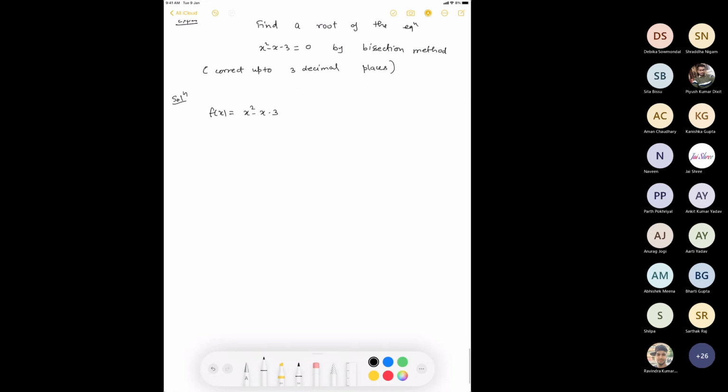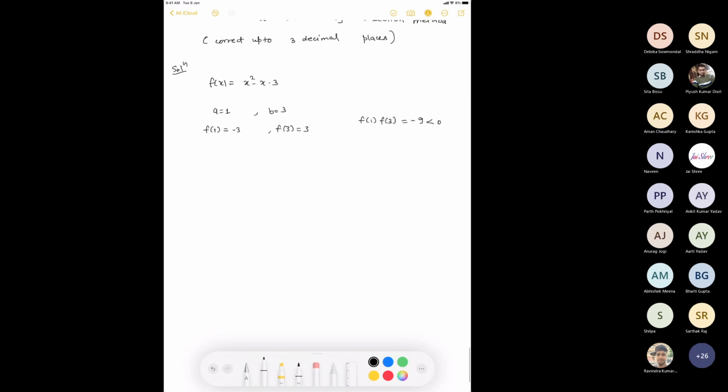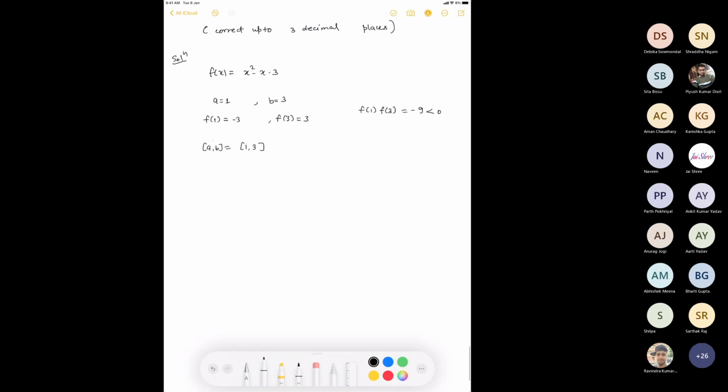So you can check that if we take a equal to 1 and b equal to 3, f(1) is nothing but -3 and f(3) is nothing but 3. So we have an interval where the function changes the sign. So my interval is going to be 1, 3. This is my initial guess.